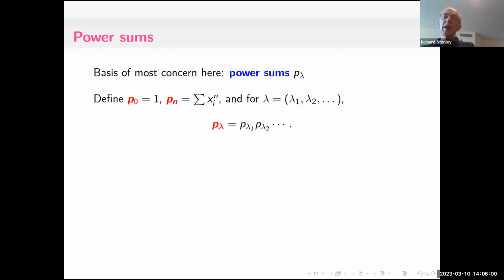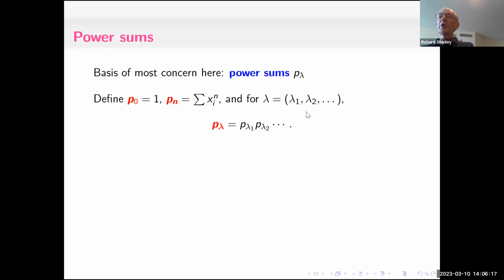So p lambda, where lambda is some partition of an integer n. We define that by p0 equals 1, and pn, by which I mean the partition with one part equal to n, is the sum of the xi's to the n.